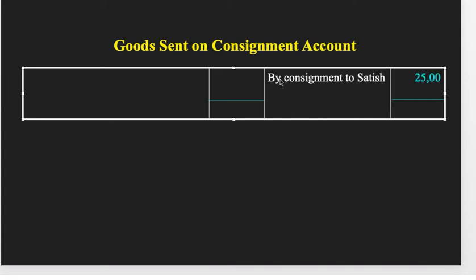Then here to consignment to Satish, it is 5,000 rupees. So here it will be again 25,000.